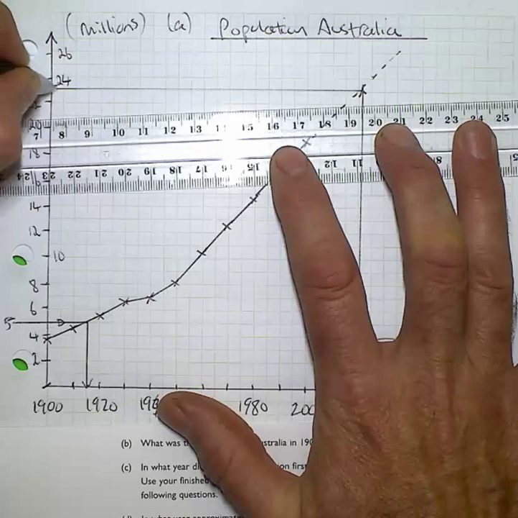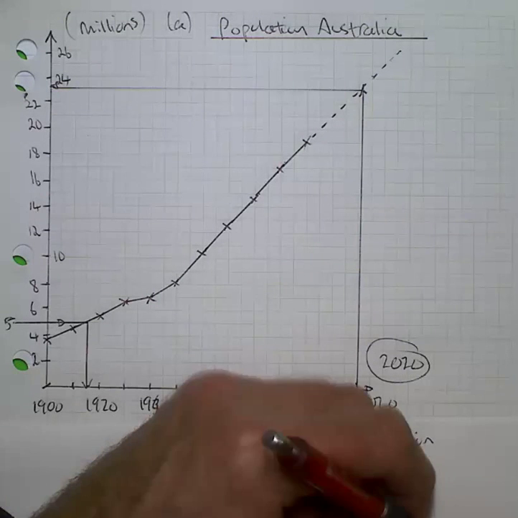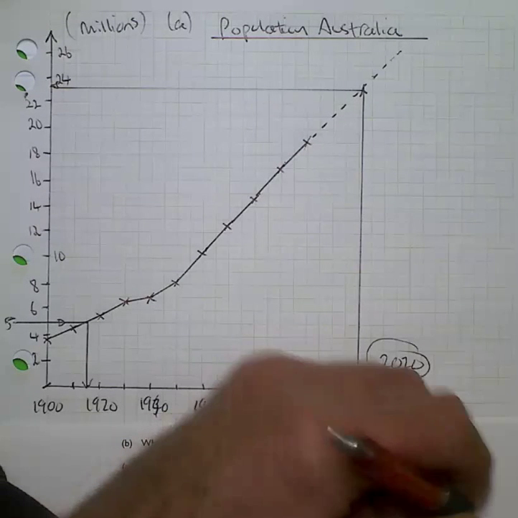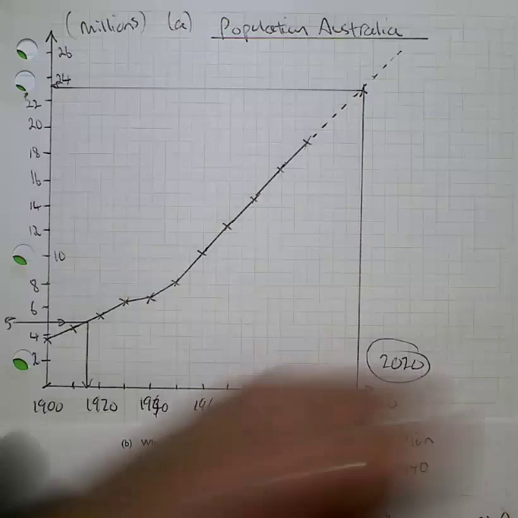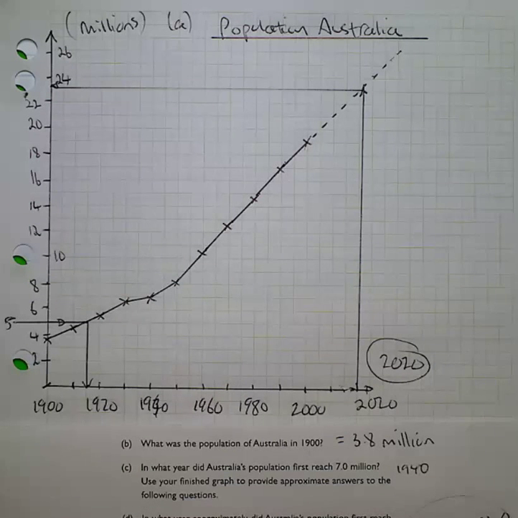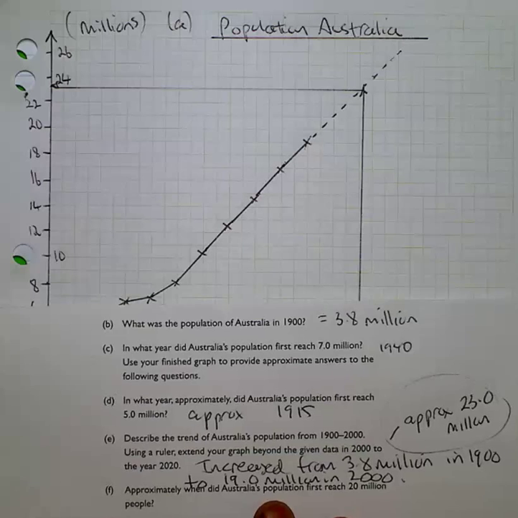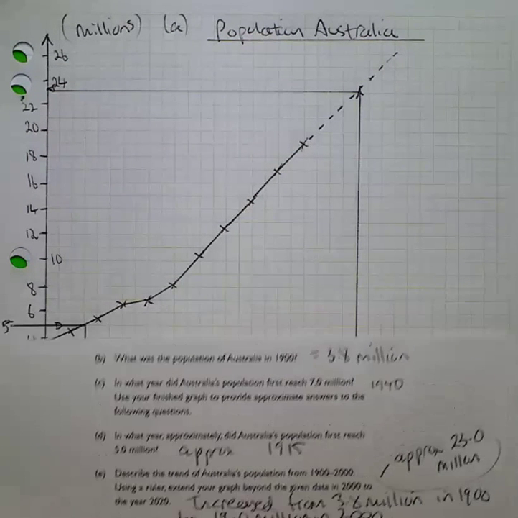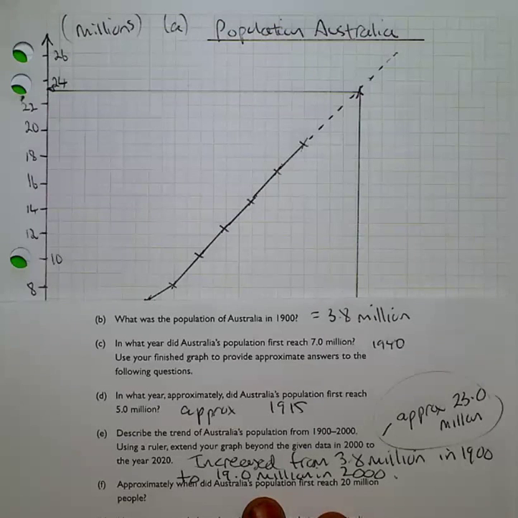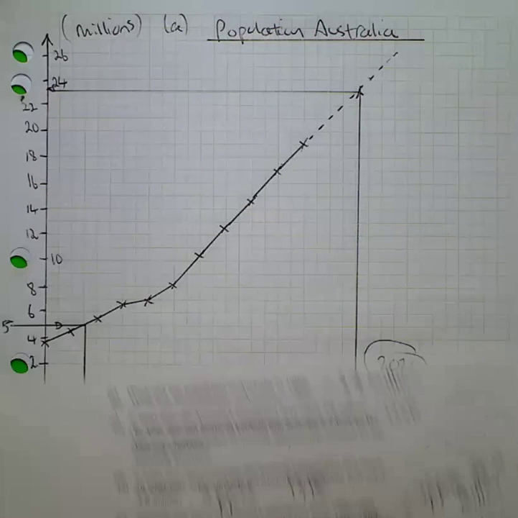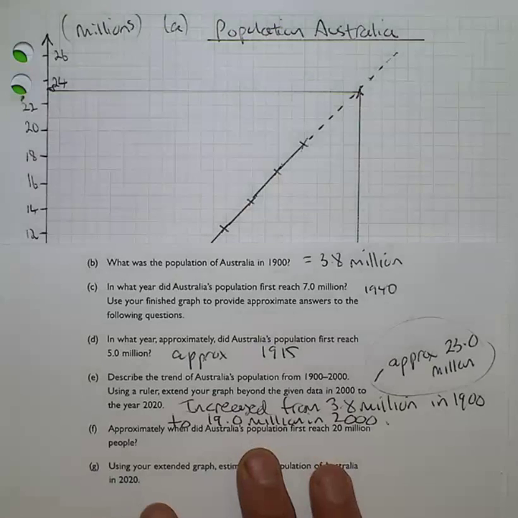So the way in which I've drawn my graph, it's about 23 million. Now I know for a fact that data is wrong, but this is the case for all estimations. I'll just move that up so it can be seen.